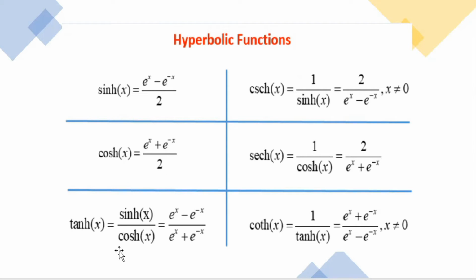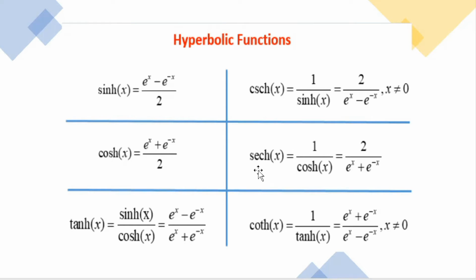And hyperbolic tangent of x is just a ratio of hyperbolic sine over cosine. So just a matter of substitution, you can have its definition. As well as the hyperbolic cosecant of x, we are going to apply the reciprocal identity. So it says that it is 1 over hyperbolic sine of x. So just a matter of taking the reciprocal for this, so we can have now its definition.